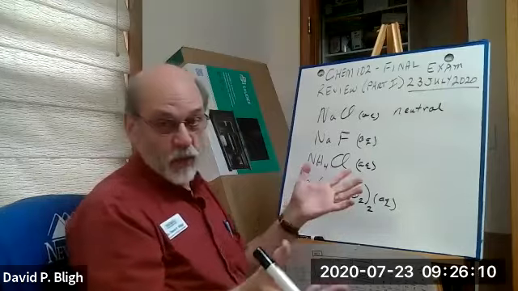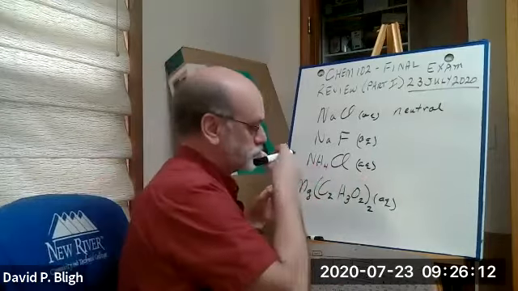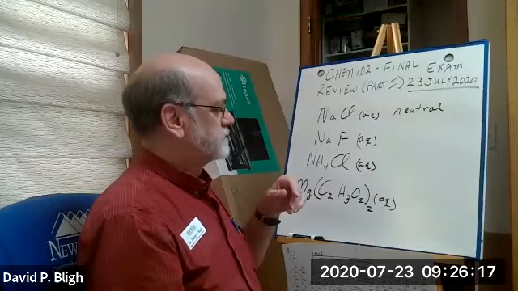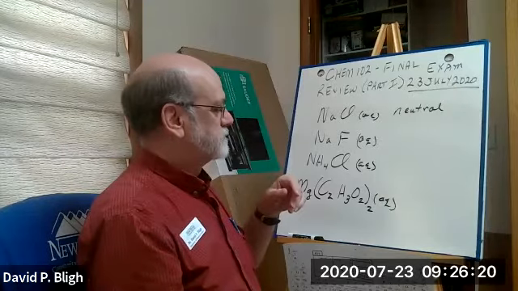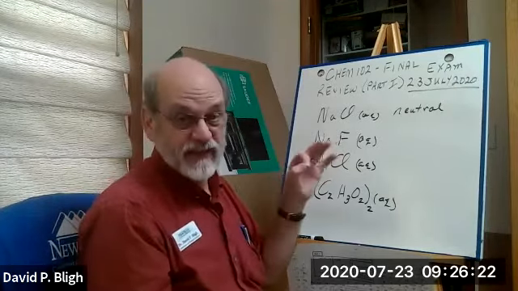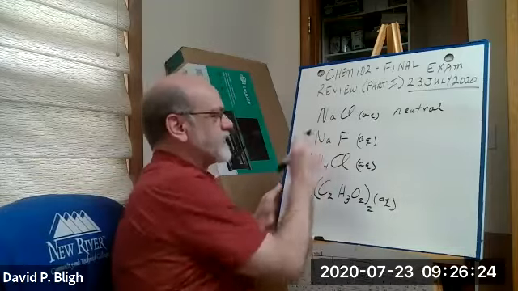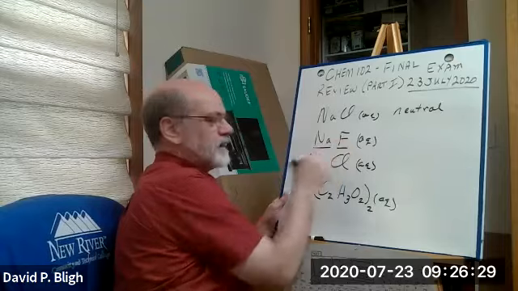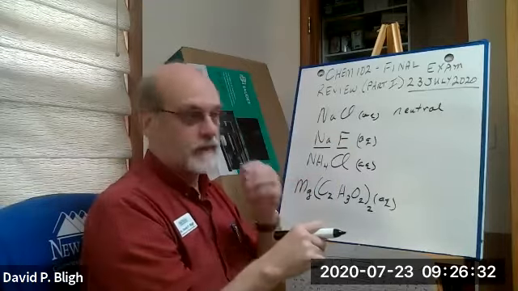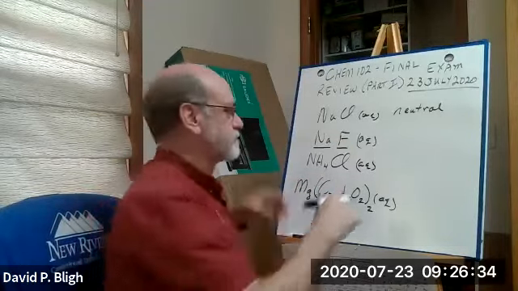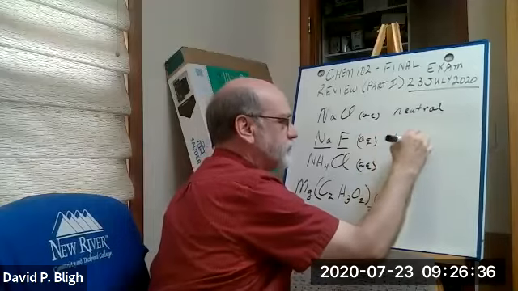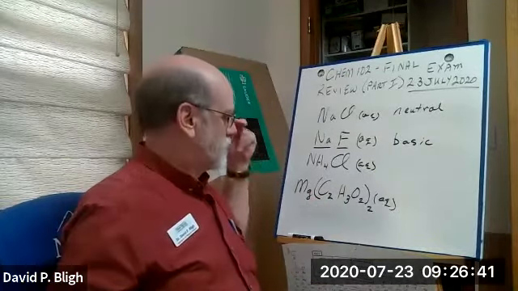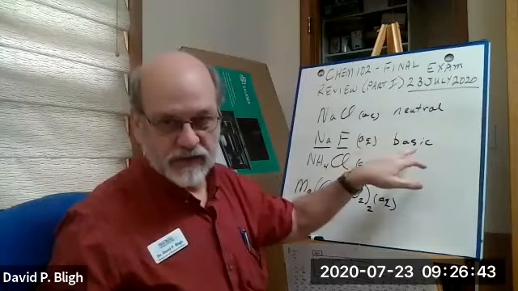And if you titrated one against the other, you would get the equivalence point at pH 7. How about this one? Well, that's a strong base, but what's HF, hydrofluoric acid? It's a weak acid. So that means the solution would be basic. Rule of thumb: strong base, weak acid, basic solution.